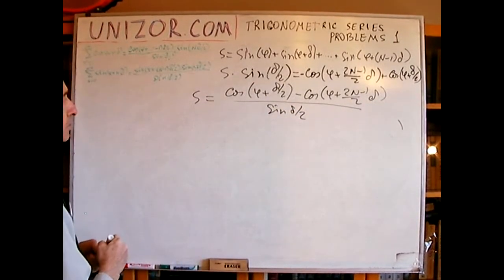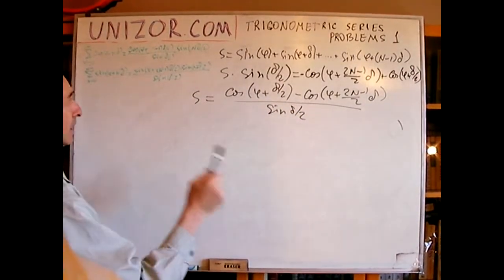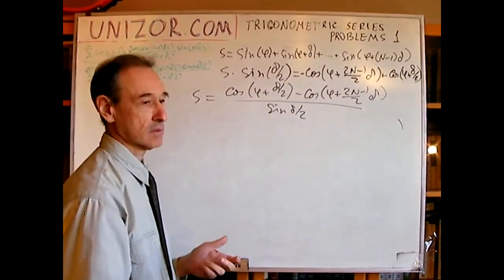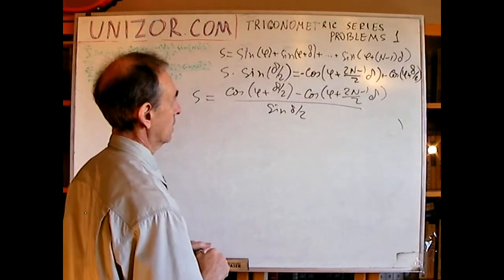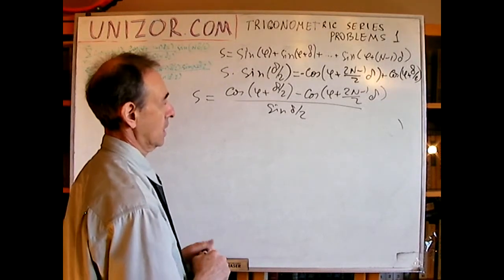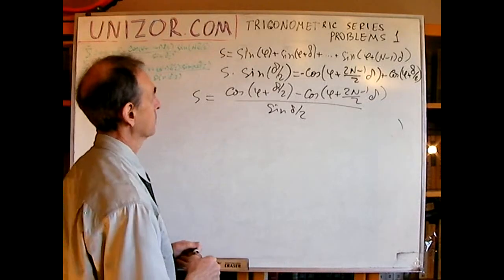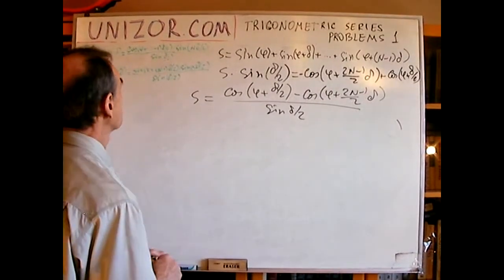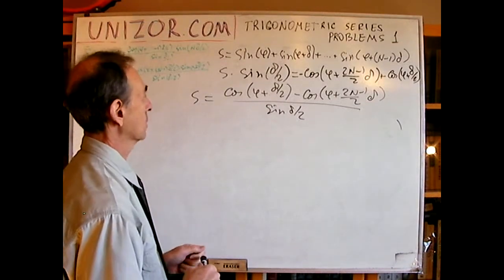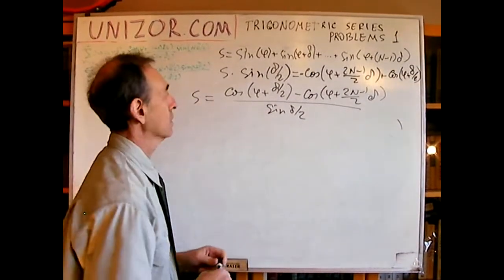So this is the final formula, and again it can be converted into a product using the same, basically, philosophy as I was using before. Because the final formula should look like a product of two sines.